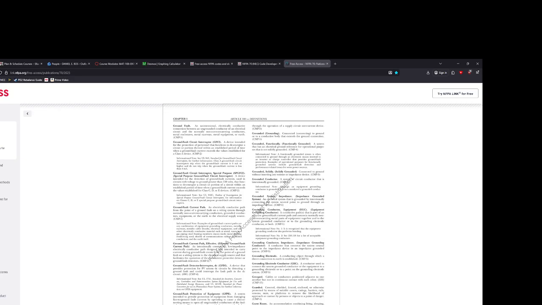Over to the next side, you have grounded: connecting to ground or to a conductive body that extends the ground connection. So, yeah, you can connect a device to wires that connect to a box.